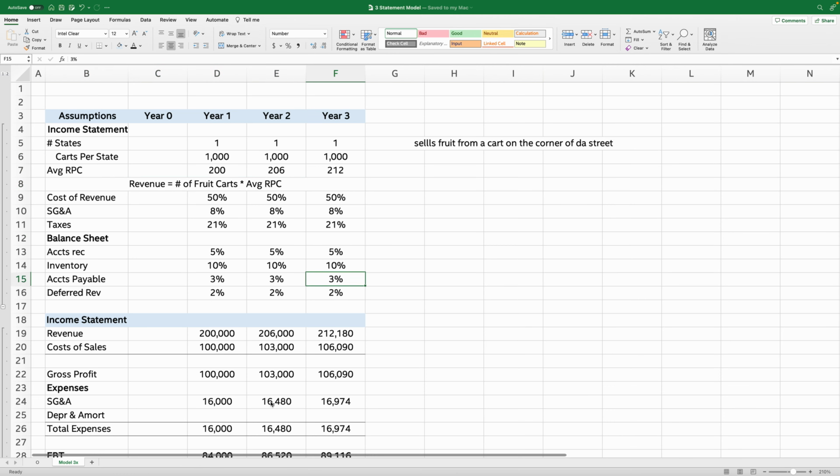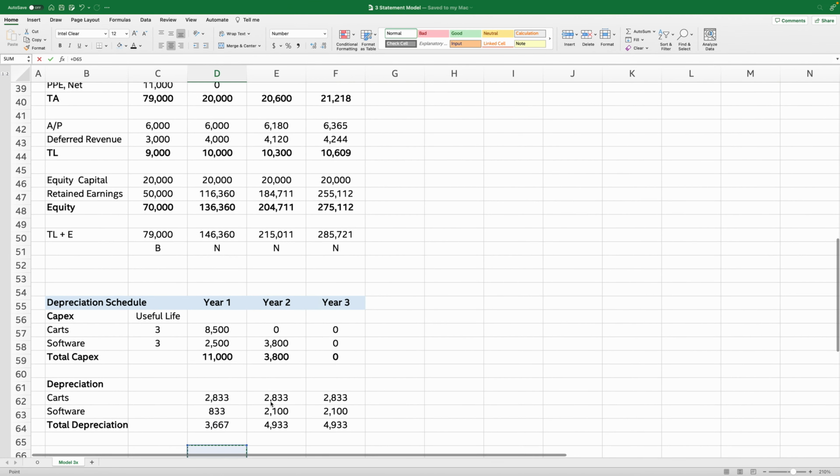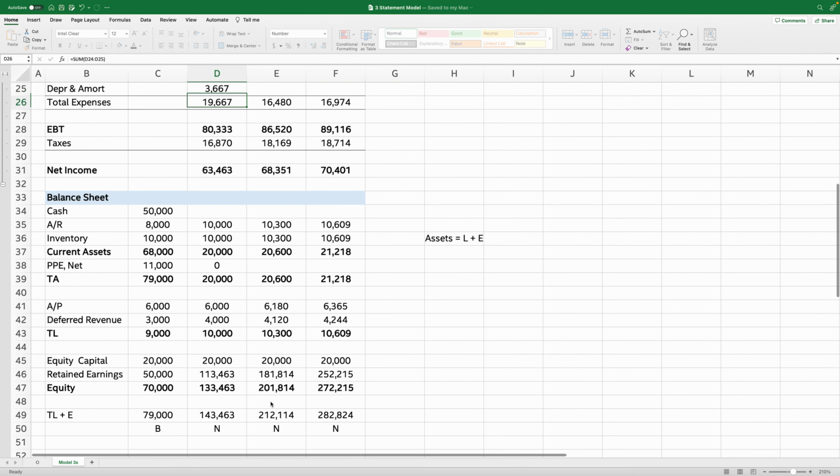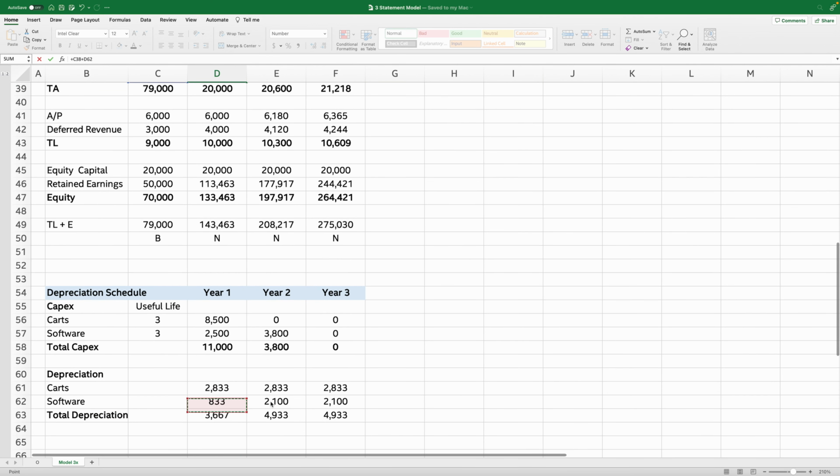So here, for our depreciation, I can lump in depreciation, drag it over, and then for PP&E, I have to add it to the last one. So we had 11,000 plus this number, well, plus this, and it's going to be PP&E net.